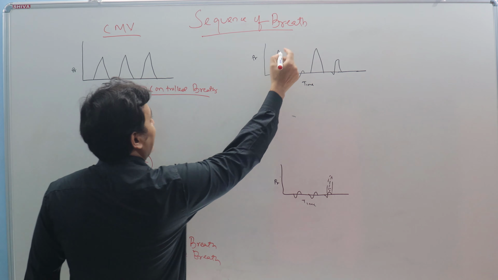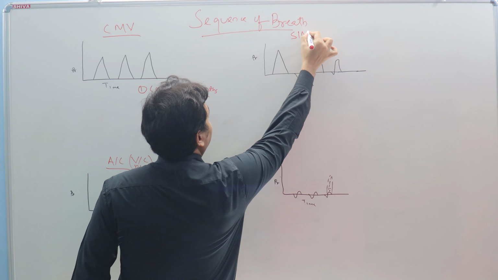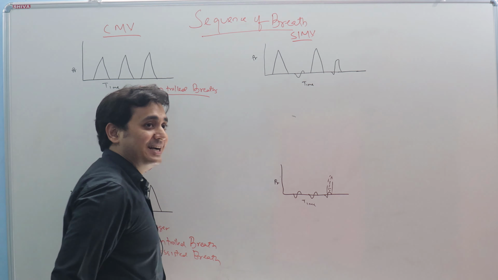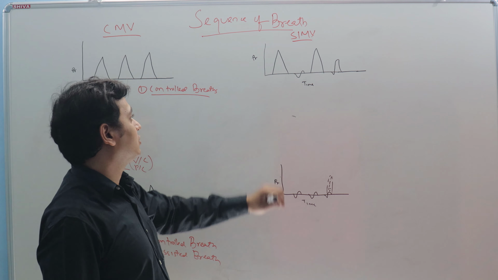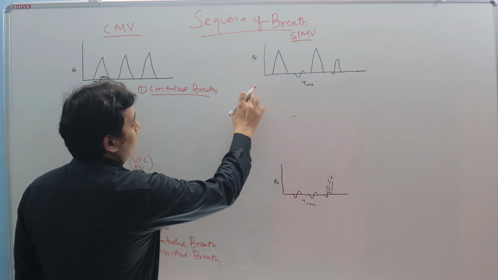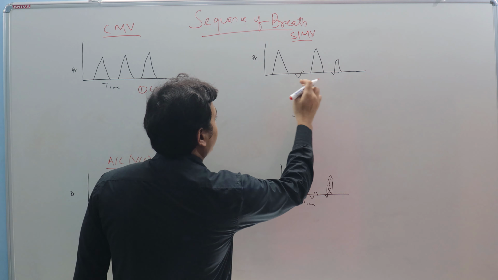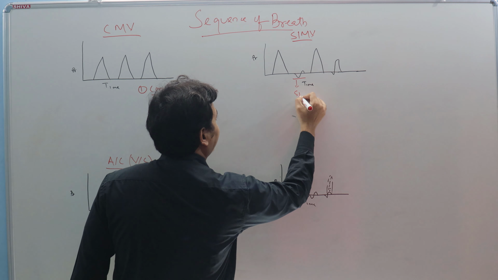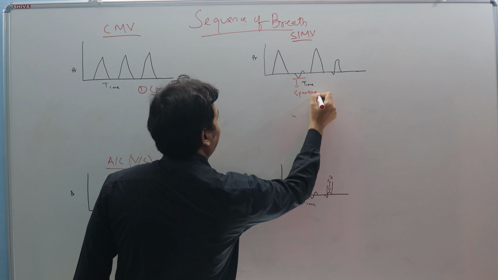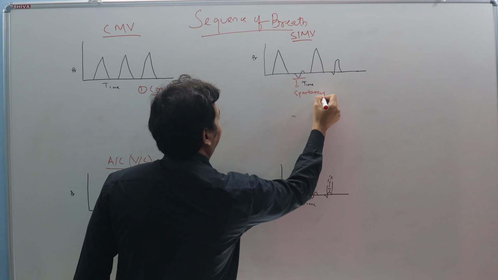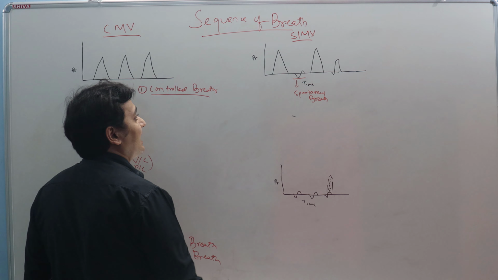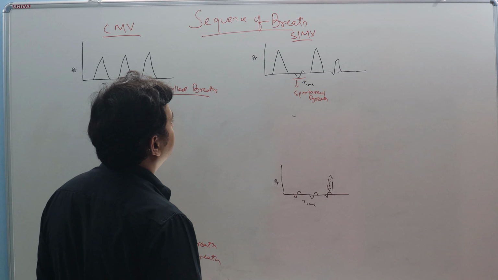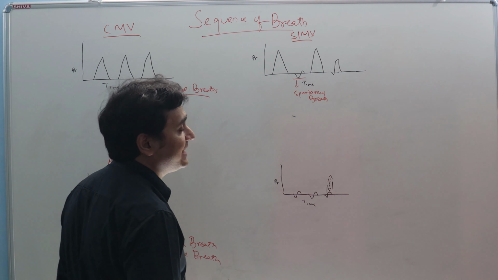Then we'll come to SIMV. What is SIMV? Synchronized intermittent mandatory ventilation. Here what happens? Here there are 3 types of breath. This is called spontaneous breath. You can easily identify the spontaneous breath because the inspiration will be negative. There is a negative pressure being created there.